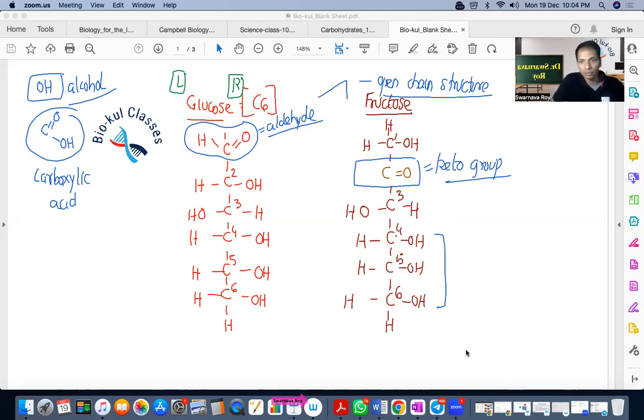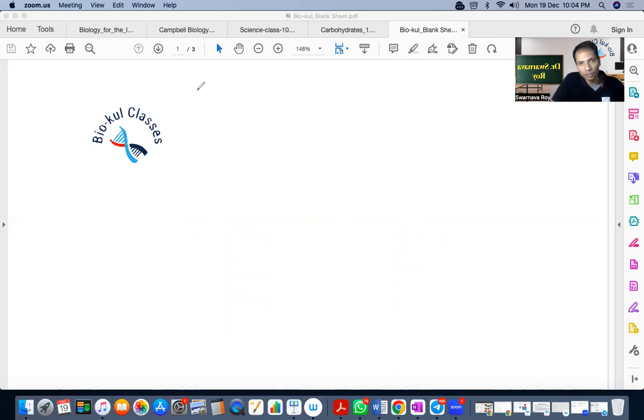Now we'll draw the ring structure of glucose. The ring structure of glucose, we draw an oxygen like that, and you can see each of these. So 1, 2, 3, 4, 5.